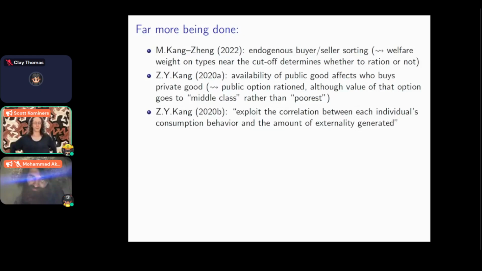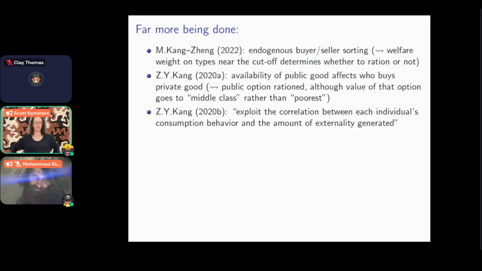Kang also has a paper on externalities. Here I've quoted directly from the paper because the point is so crisp. Just like we talk here about the correlation between the revealed type and the welfare weights, so your willingness to pay and welfare weights, you can do a similar exercise when thinking about markets with unobservable externalities, because the welfare weight could incorporate the externality as a term.